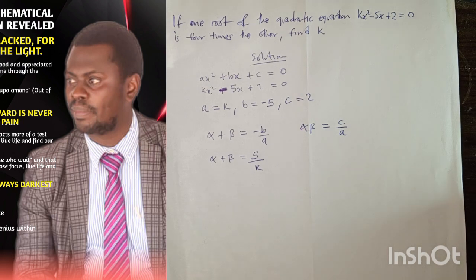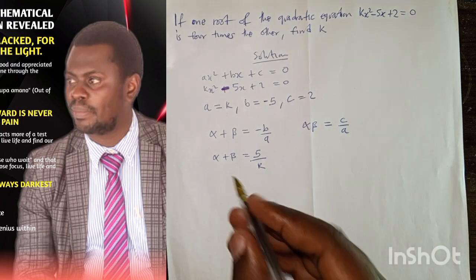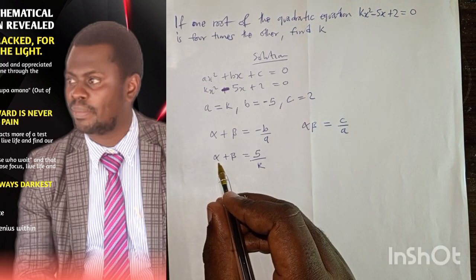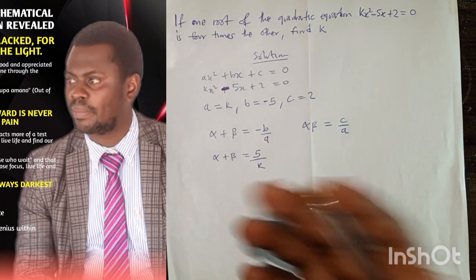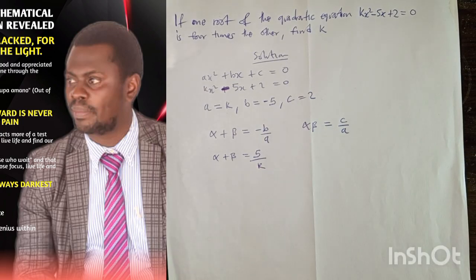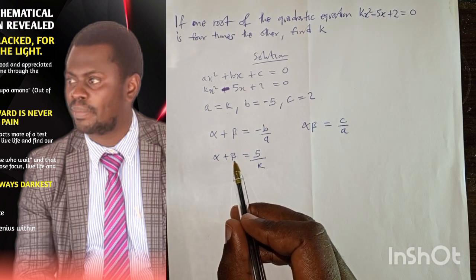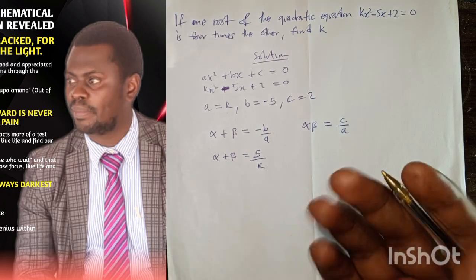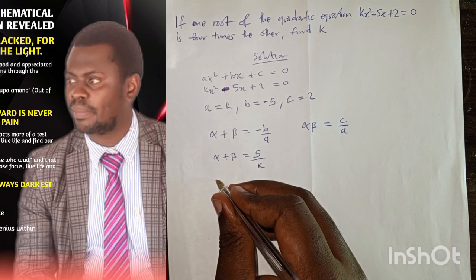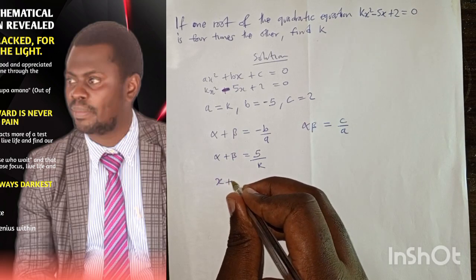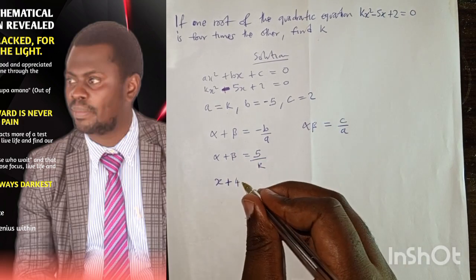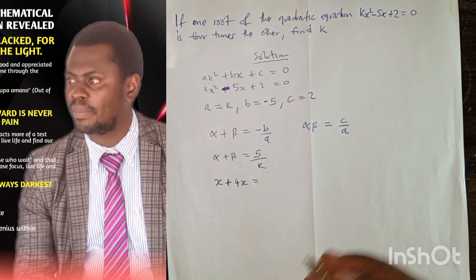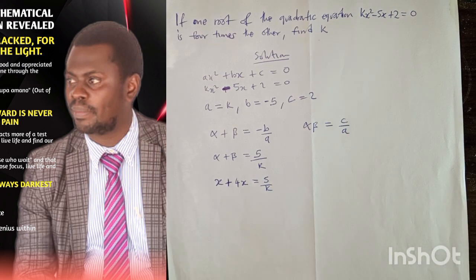So if alpha is x, then beta should be 4x. Or if alpha is 4x, beta should be x. Say alpha is x, then beta will be 4x, so x plus 4x is equal to 5 over k.